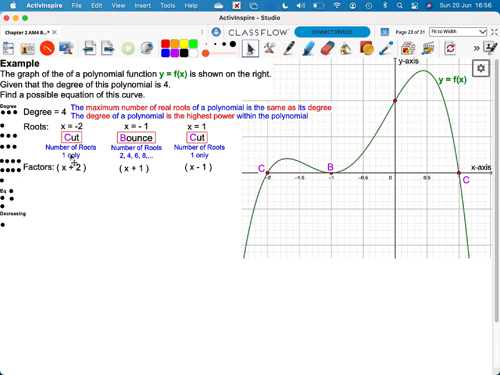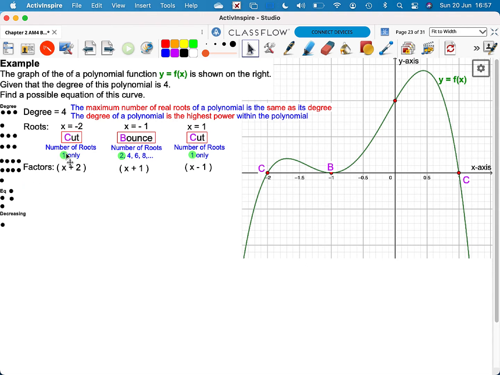Now, what we have here, this has only got one root, so we can certainly highlight the ones. Is it 2 or 4? Well, we need to go back to what the degree of the polynomial is. The polynomial is 4, which means the maximum number of roots is 4, so the number of roots here has to be 2, because 2 plus 1 plus 1 is equal to 4.